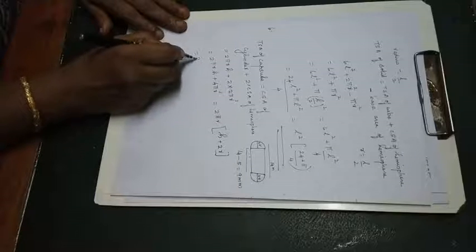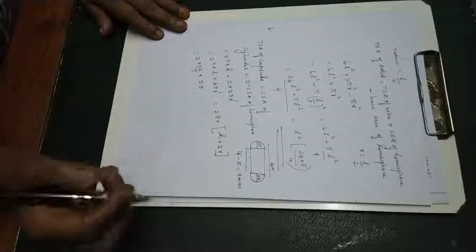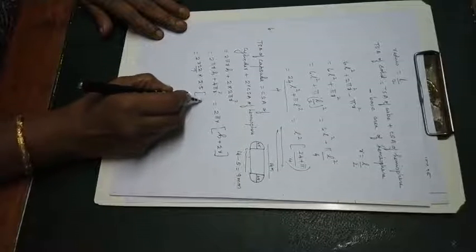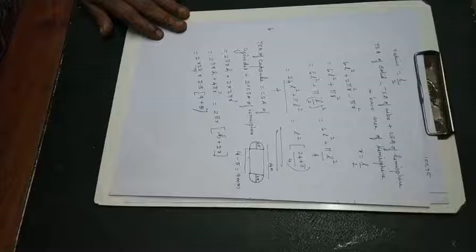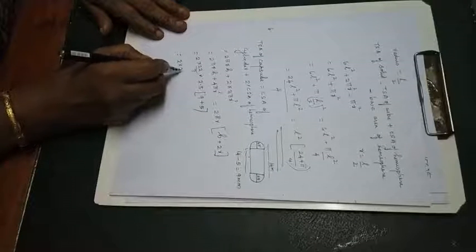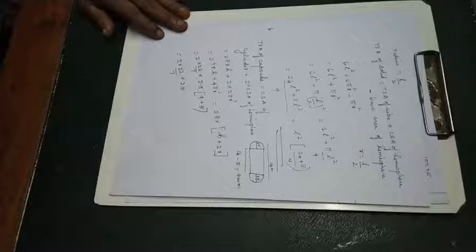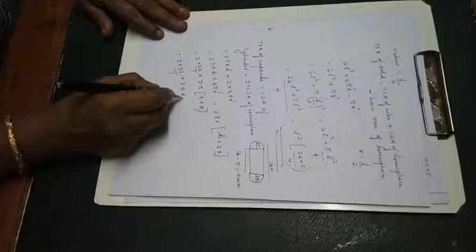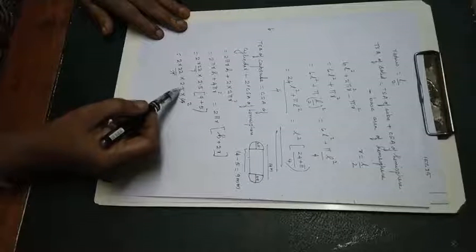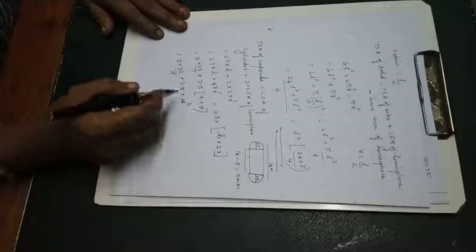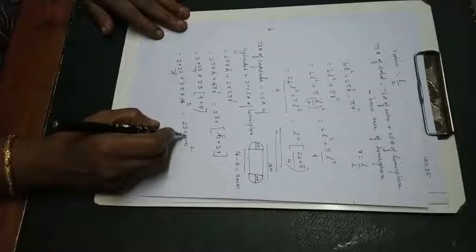So 2 into 22 by 7 into 2.5, then h is equal to 9 plus 5, 2 into 2.5, that is 5. 2 into 22 by 7 into 2.5, 9 plus 5, that is equal to 14. 14 and 7 you can cancel. 2 into 2.5, 5 into 2, 10. 10 into 22, that is 220 millimeter square.